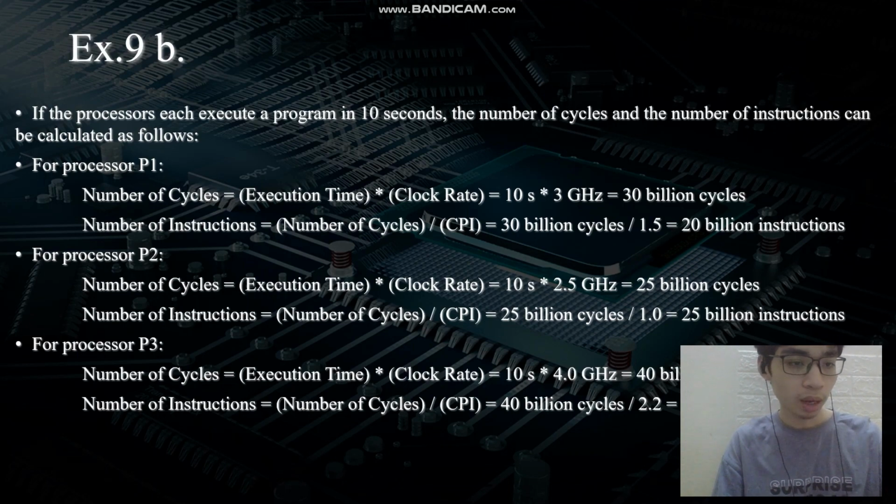For P2, I get 2.5 times 10 to the power of 10 cycles and 2.5 times 10 to the power of 10 instructions. For P3, I get 4 times 10 to the power of 10 cycles and 1.82 times 10 to the power of 10 instructions.